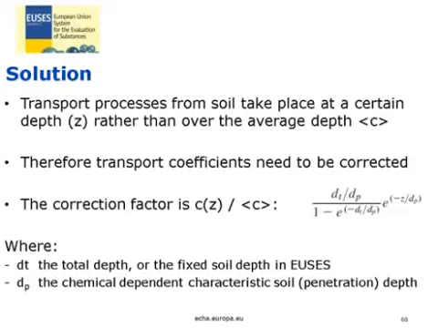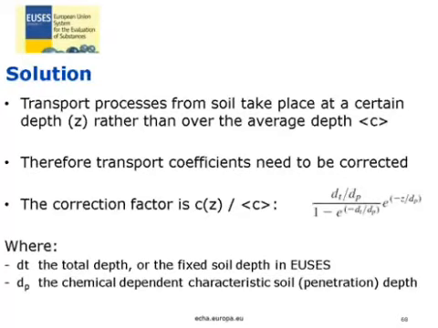This is because transfer processes from soil take place at the interface with other compartments or at a certain depth and not over the average depth. So therefore the transport coefficients need to be corrected. This correction factor is actually the concentration at a specific depth divided by the average concentration.